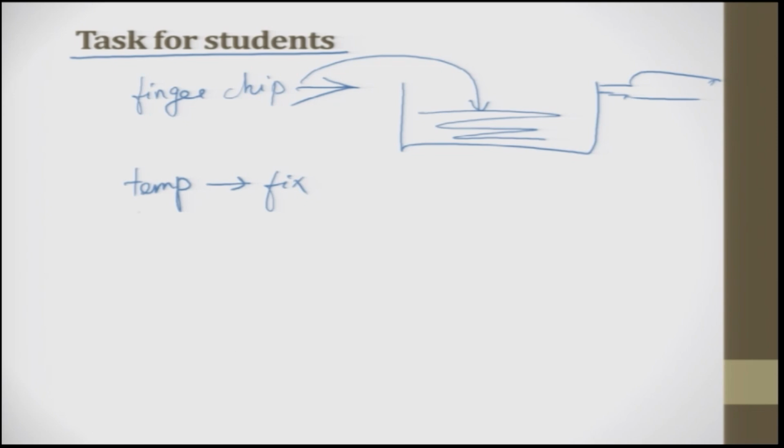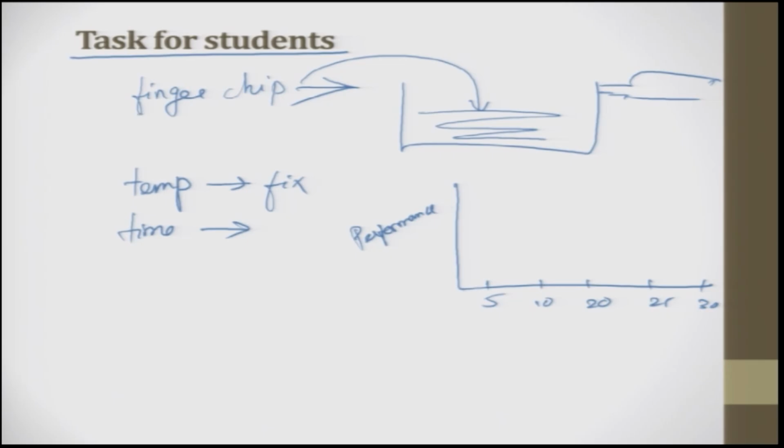Now what you do is you try to vary the time. So, you have time maybe 5 minutes, 10 minutes, 20 minutes, 25 minutes, 30 minutes after the oil has come to a stable state.